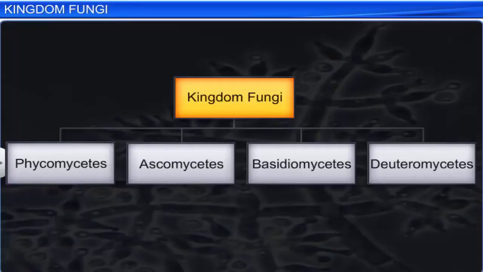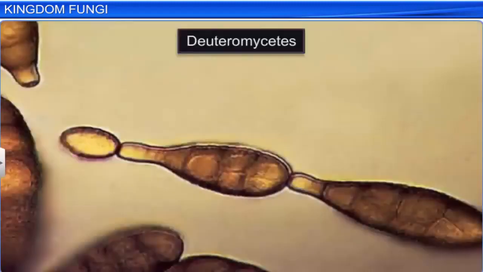The last class of fungi, deuteromycetes, is known as imperfect fungi because we do not know enough about their life cycles. Only their asexual or vegetative phases are known. Deuteromycetes reproduce only through asexual spores known as conidia.